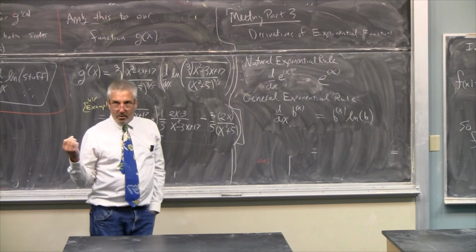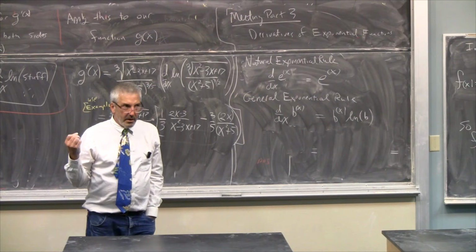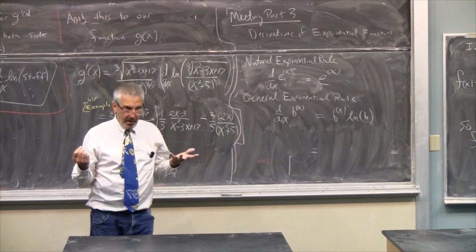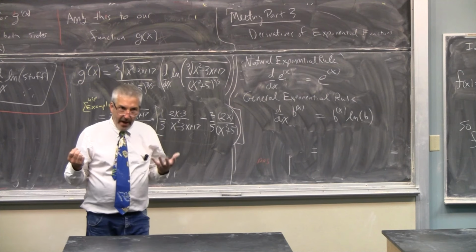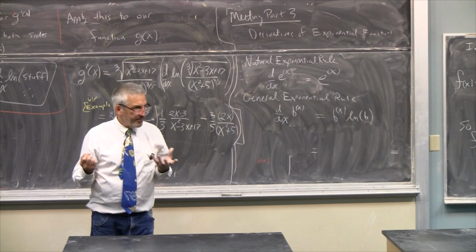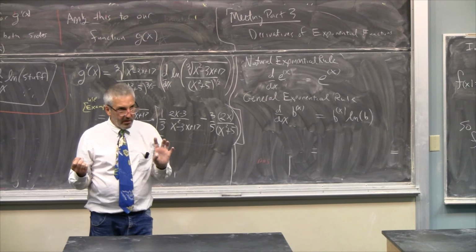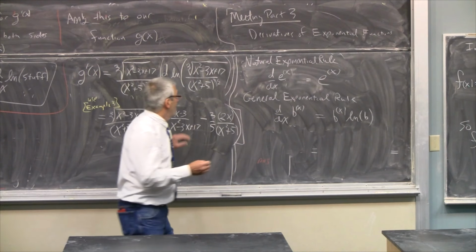Now, I want to emphasize that these are derivatives of expressions that have an exponent. We've had derivatives of expressions with exponents before when we did the power rule. So I want to make sure that you contrast this and see what these are not.